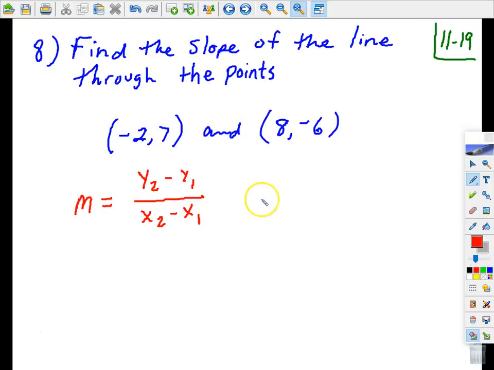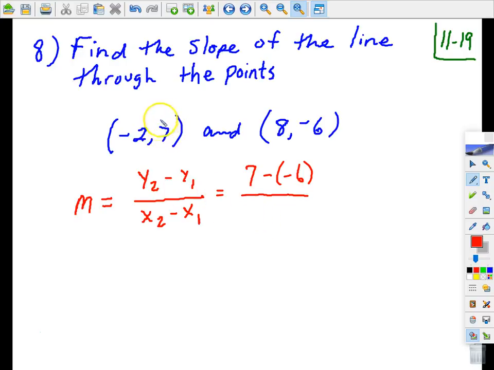I've got another example of this just for more practice. Now, if you didn't exactly follow y2 minus y1, that's really okay. I really could start with this as my first y. I could do 7 minus -6, and that would be fine. But what's not fine is this, and I do see this happen occasionally. I can start with 7 on the top, but that means I've got to start with -2 on the bottom.